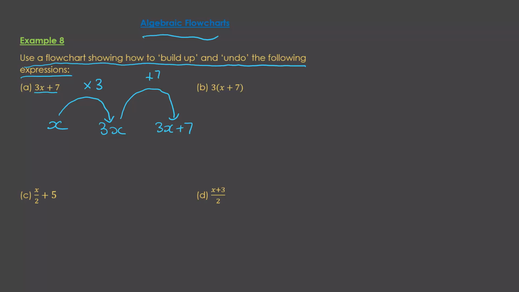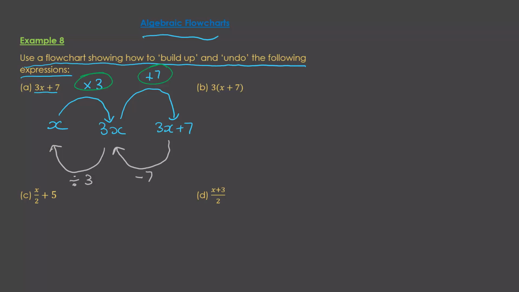To undo the expression, we need to come back in the other direction. And we do inverse operations. So we would need to subtract 7, and then we would need to divide by 3. So we're doing the inverse operation to the operation on the forward arrows.